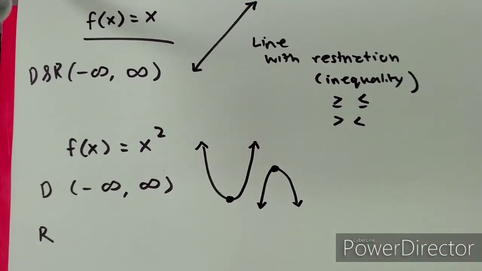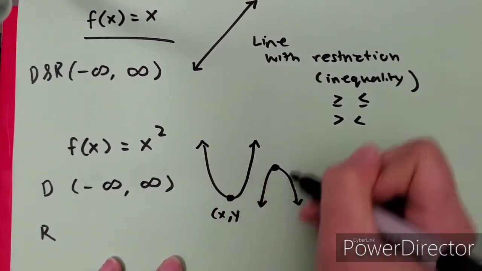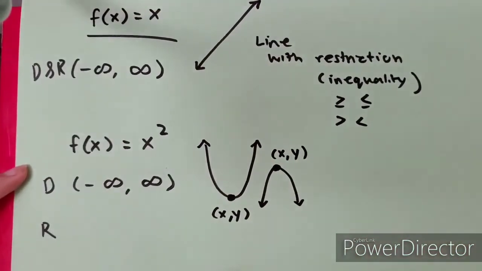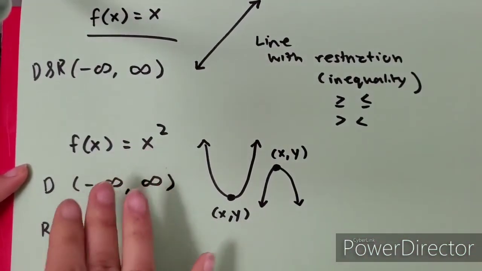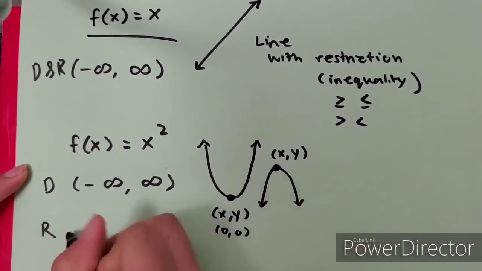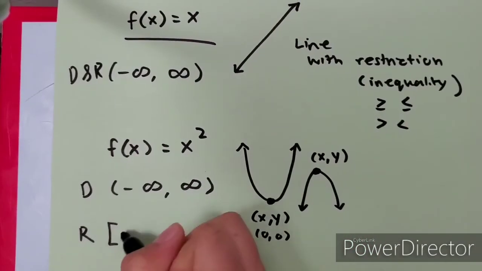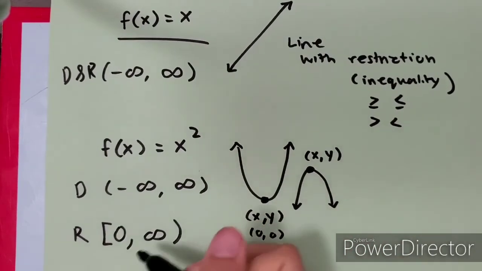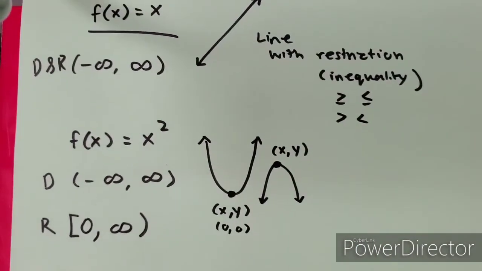So you'll have to find that point, and you have to find the y value. So there will be the x and the y. Starting from negative upwards, if it was this equation, the point would be 0, 0. So this would be including 0 to positive infinity. That would be our range for this specific equation.